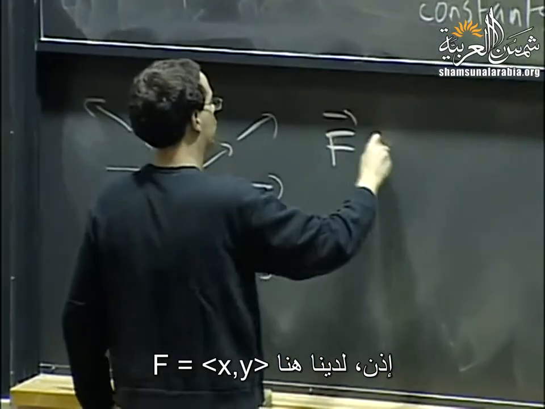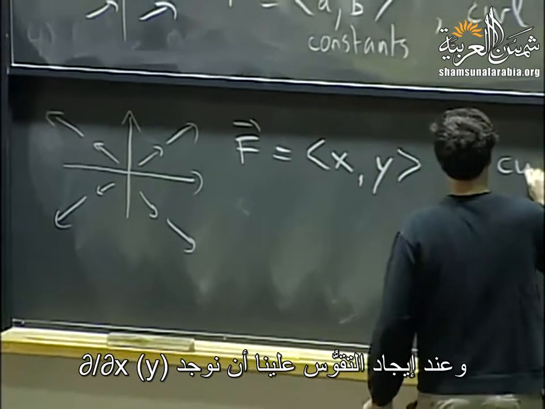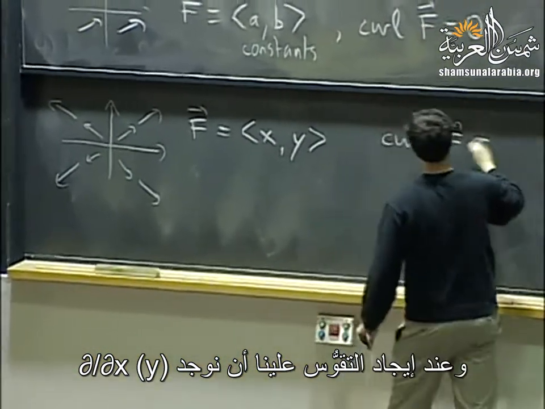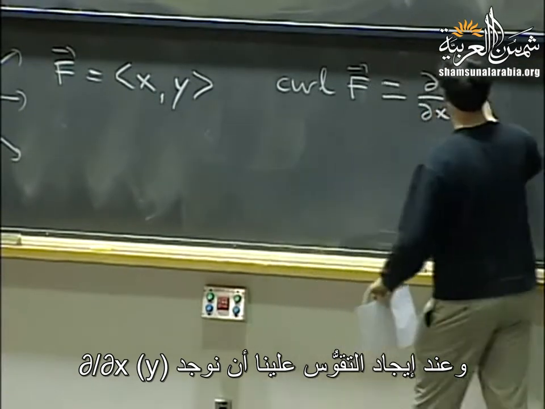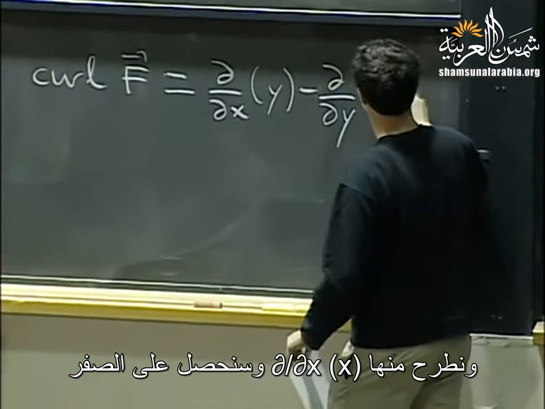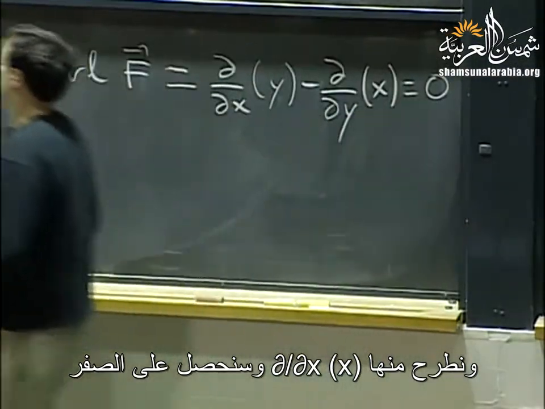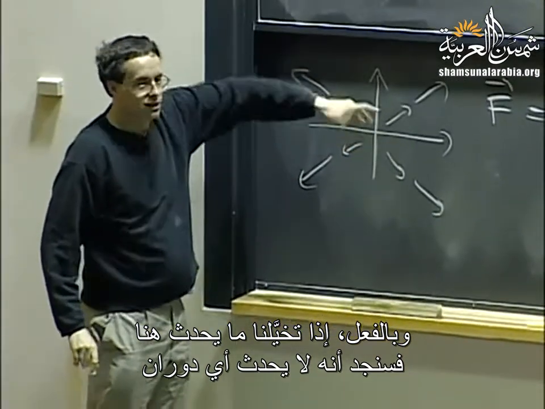So that's f equals x comma y. If I take the curl, I have to take partial x of the second component, which is y, minus partial y of the first component, which is x, and I will get 0. And indeed, if you think about what's going on here, there's no rotation involved.